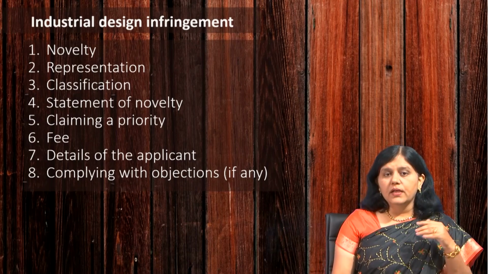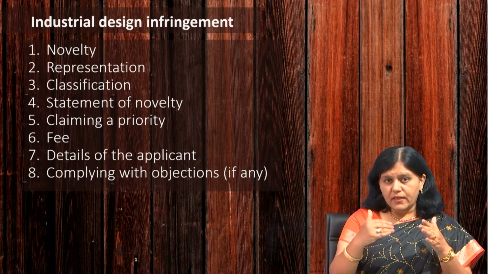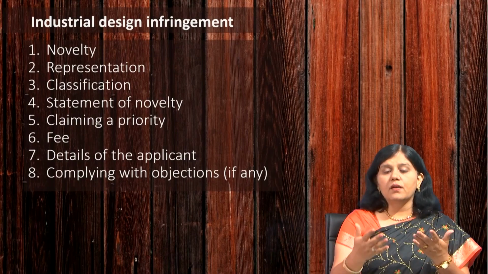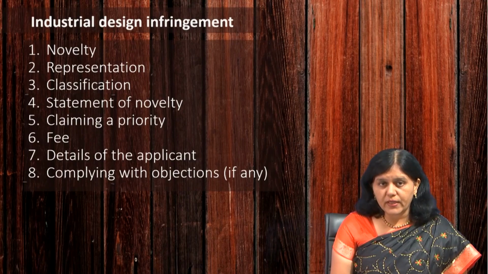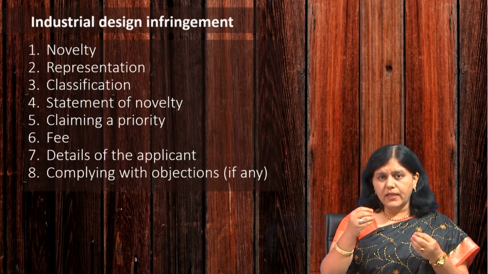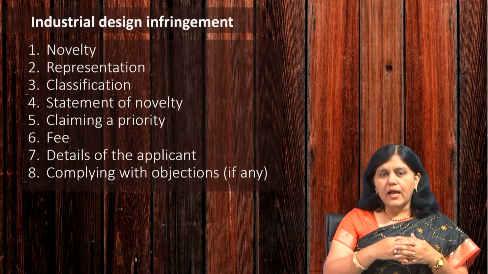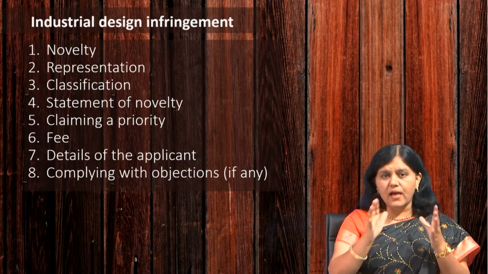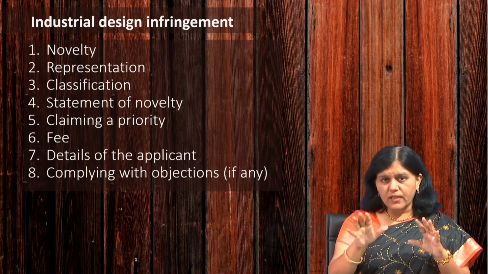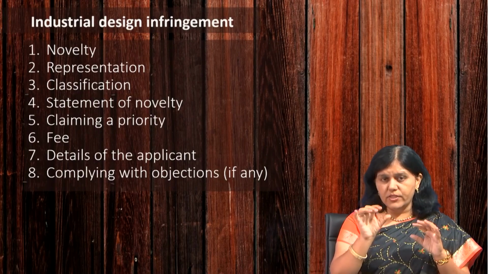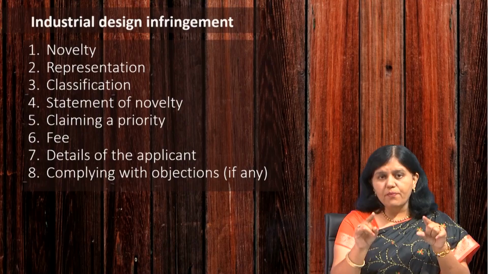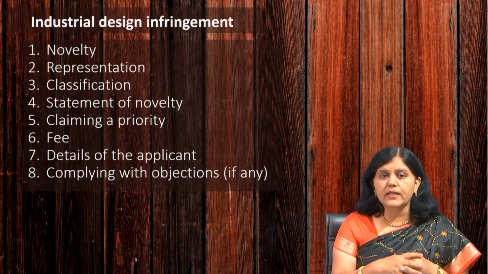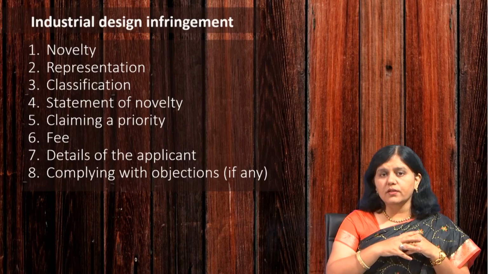So, now after going through that classification and choosing the correct classification, we are providing a statement of novelty, and it gives some disclaimer. As we know, industrial design is about appearance; it is for the article which is sold for that appearance, for that shape, for that configuration, that industrial design protection is given.